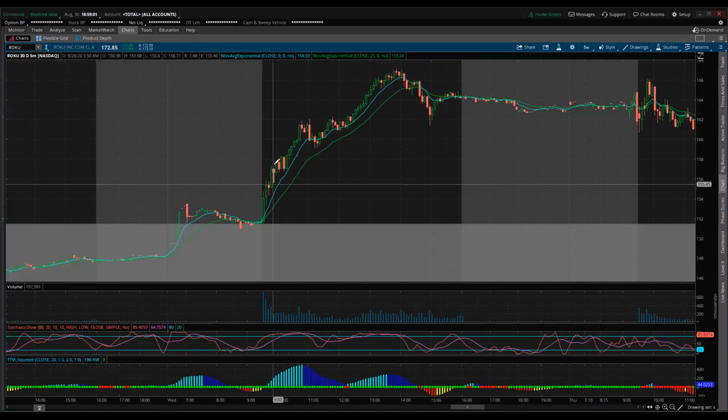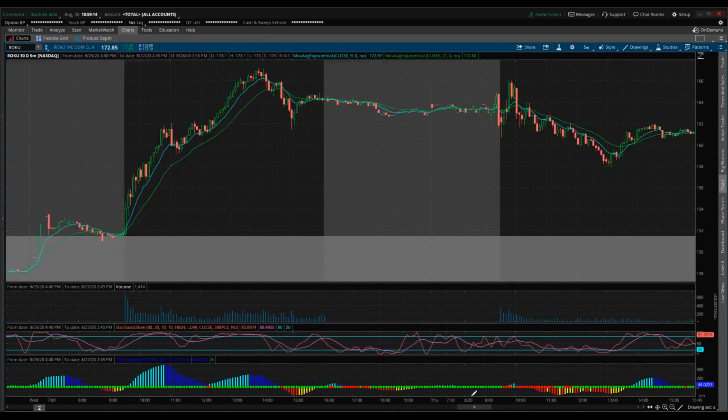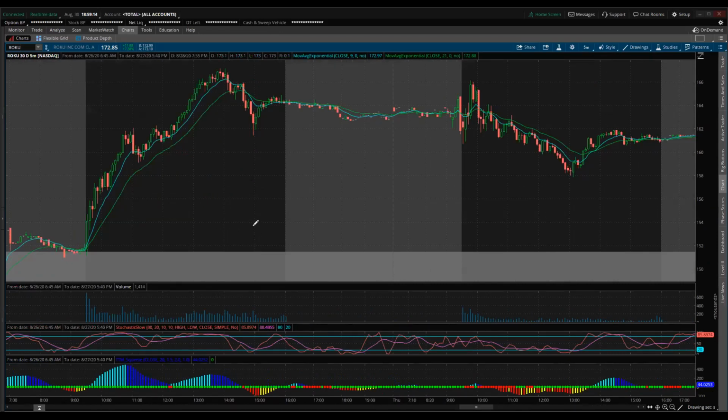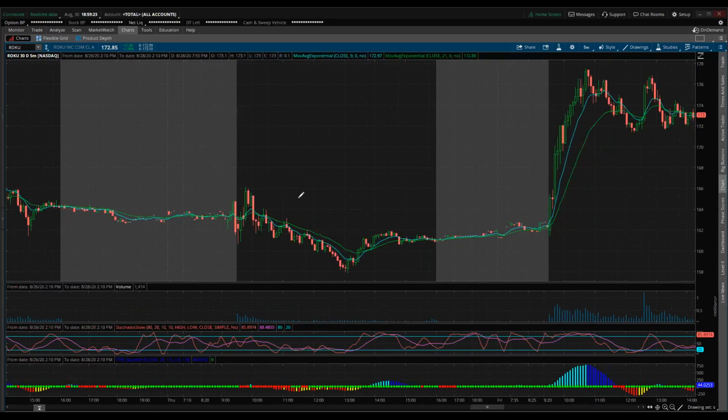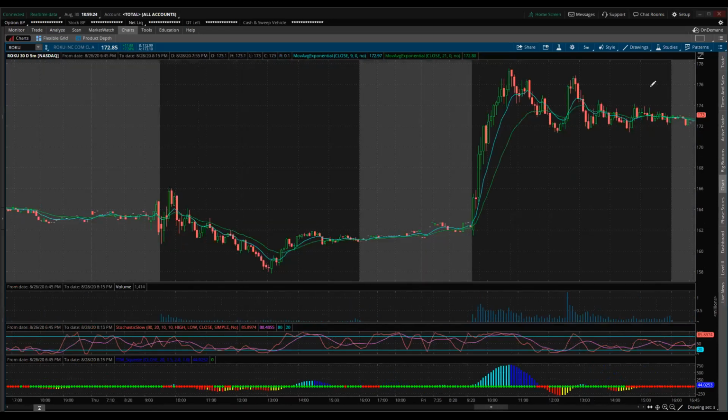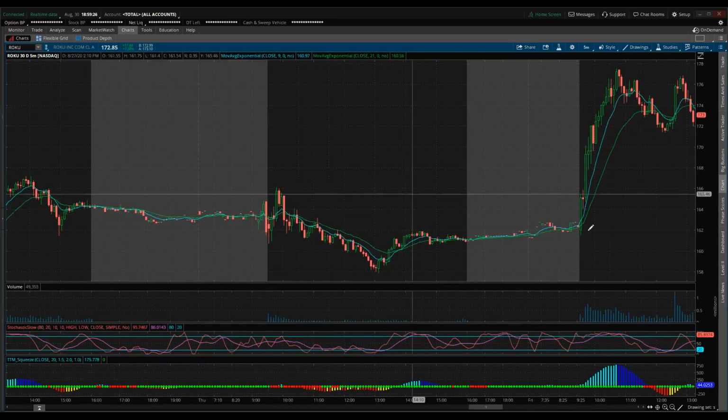And then you can decide, okay, there's been some red candles, some consolidation, I'd like to get into this trade. Or here, a lot of people got scared out of their calls on this day because it was very sideways action the whole day. But then you see a continuation with Roku here.